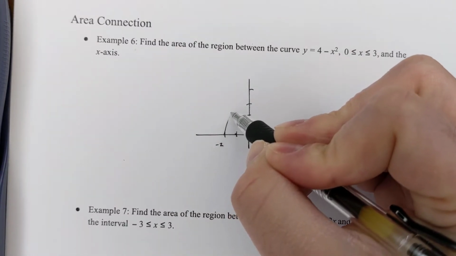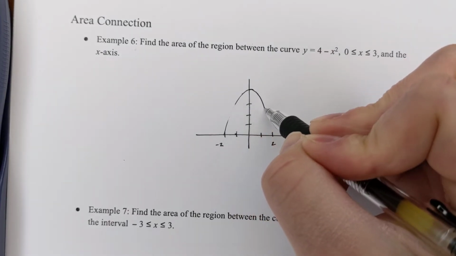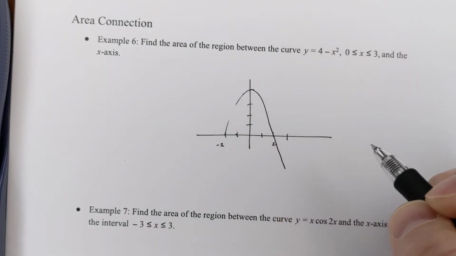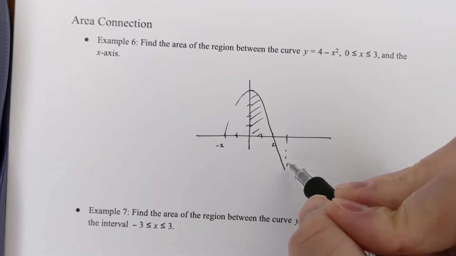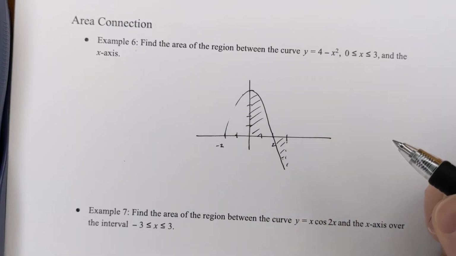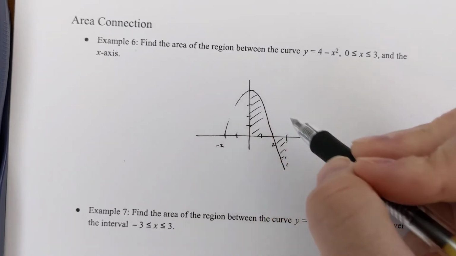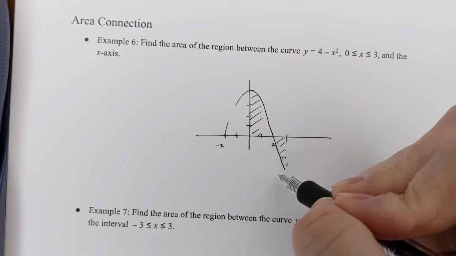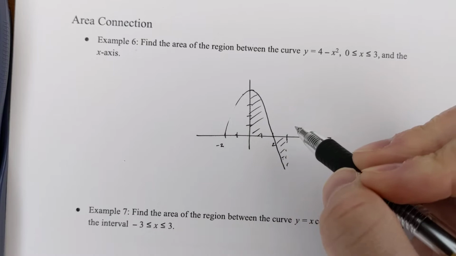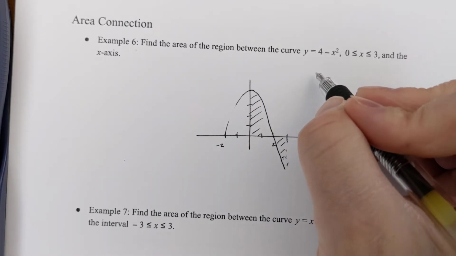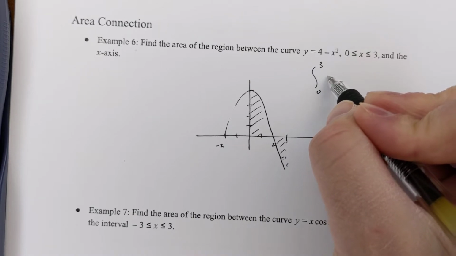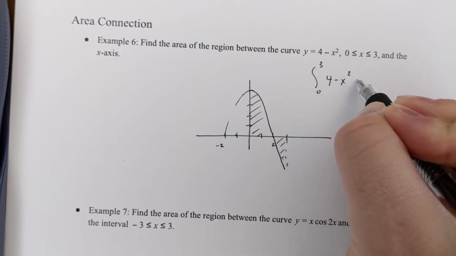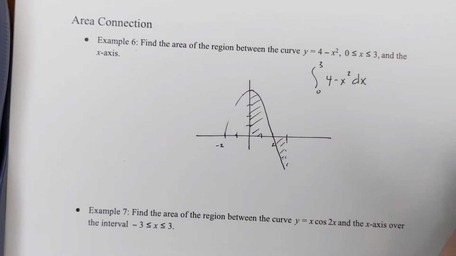So it's going to do something like this, and then come down here. So I'm only concerned about the part from 0 to 3, that part. So I need to find the area up here and subtract off the area down here. Or I could just do the whole thing all at once. So I'm going from 0 to 3 of 4 minus x squared dx.